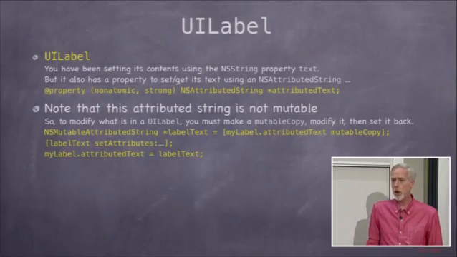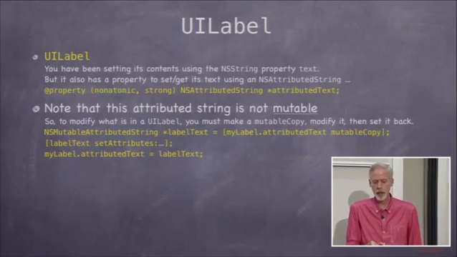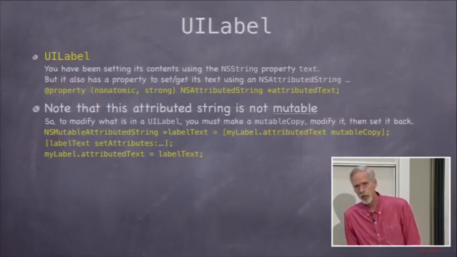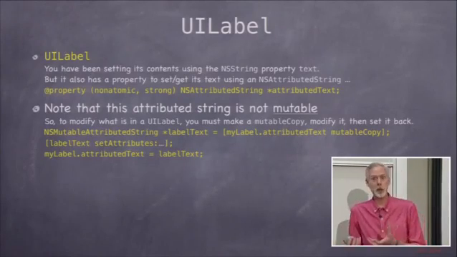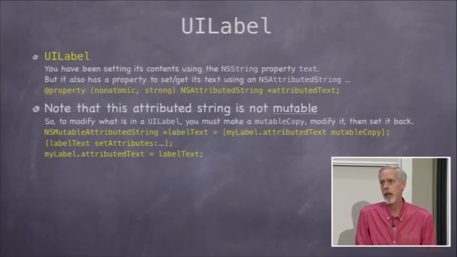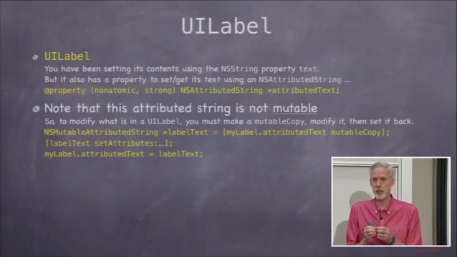Unfortunately, it's read-only. Okay, it's immutable. That property, you see, is not an NSMutableAttributedString, it's an NSAttributedString. So if you want to change the attributed text that's on a UILabel, you have to get the label's text, make a mutable copy of it, modify it however you want, and put it back. That's if you have an existing label and you want to make it be blue instead of green or something like that.